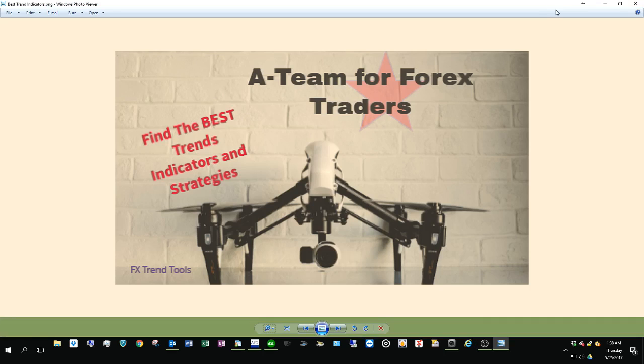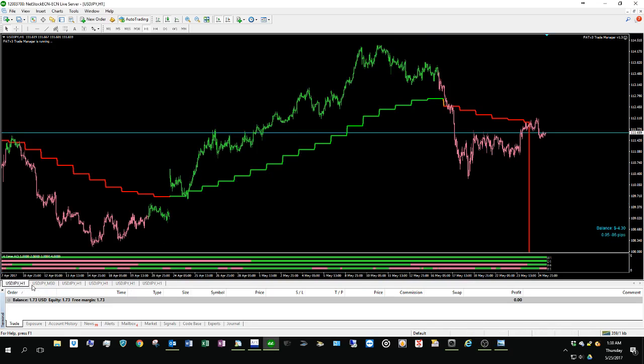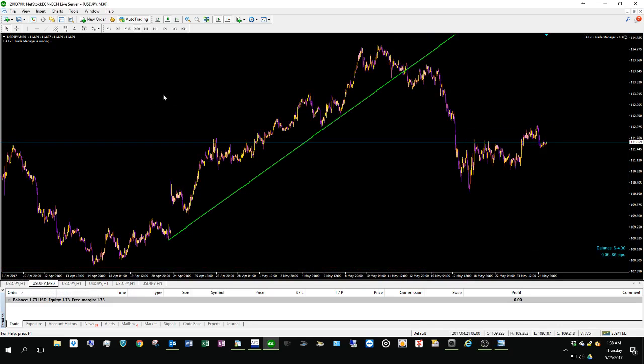Let me get started here and let's pull up just a plain chart, starting with trend lines. A lot of people want to trade with just trend lines, which is really good. Here's a 30-minute chart for the US yen.